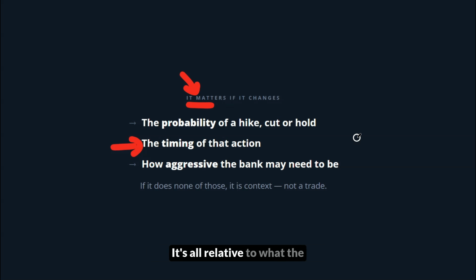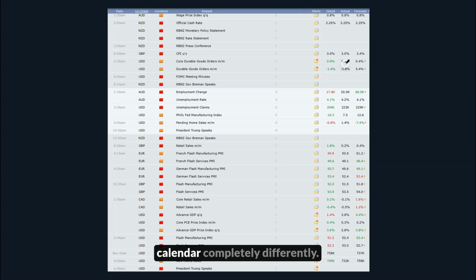It's all relative to what the central bank is looking at. It's all relative to what the central bank cares about. If you put your mind into the central bank, if you think like a central bank, you're going to start to look at the economic calendar completely differently, okay?